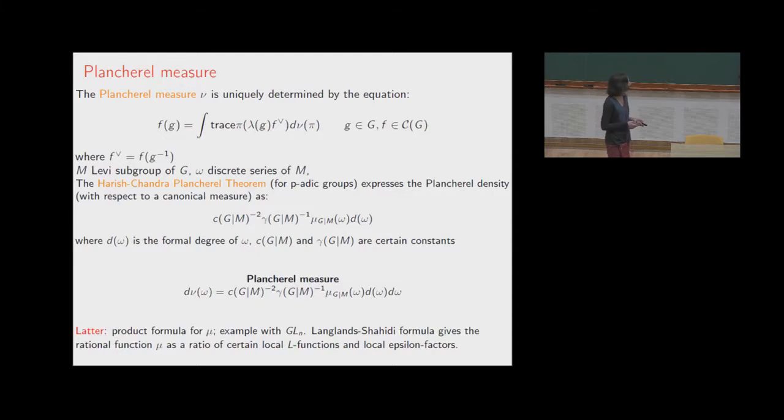So going back to this Plancherel measure, which is one of the main interests in the theory, you have this first expression which I just gave you, so that you have a different definition of it. So this is a Plancherel measure up there.